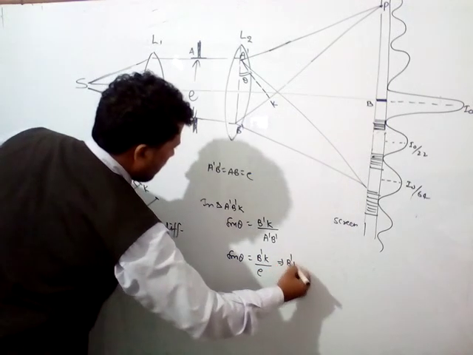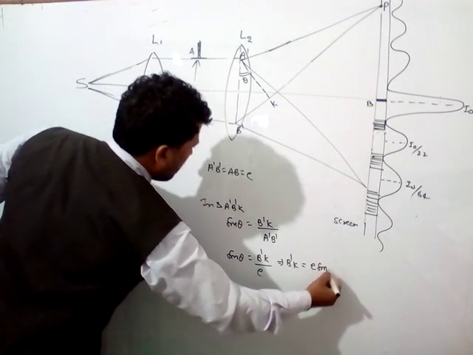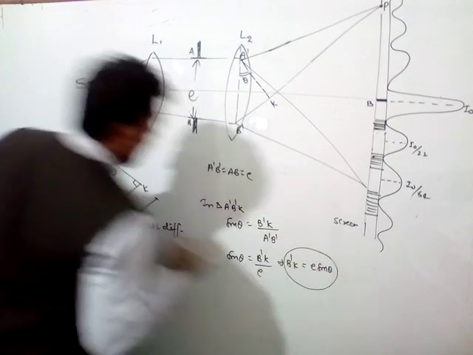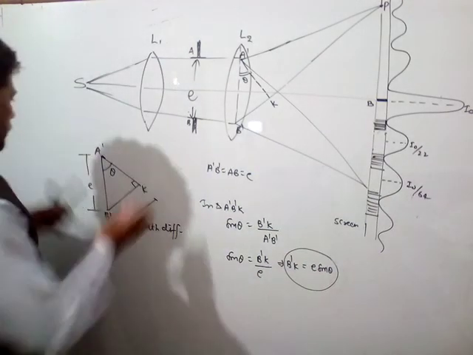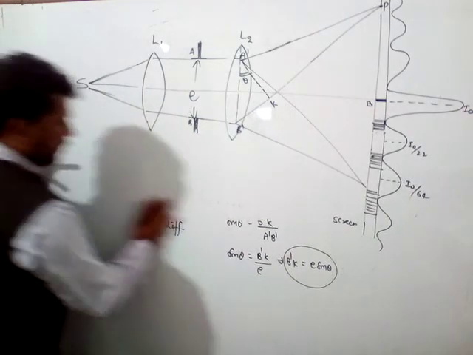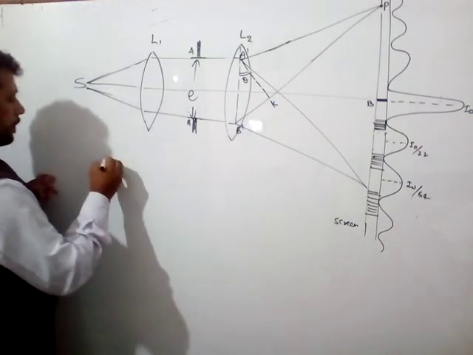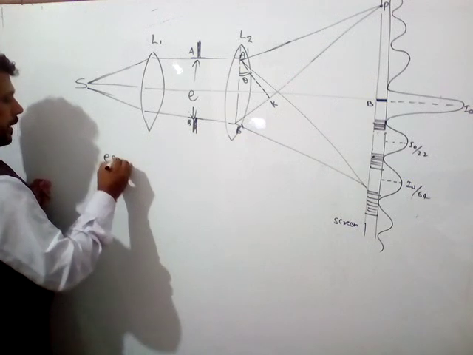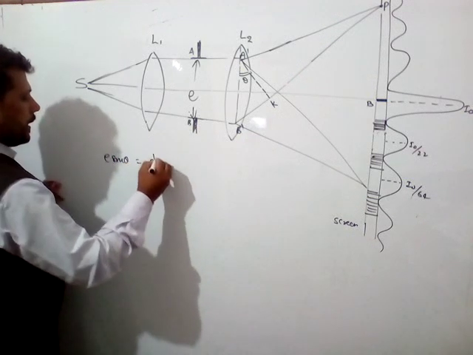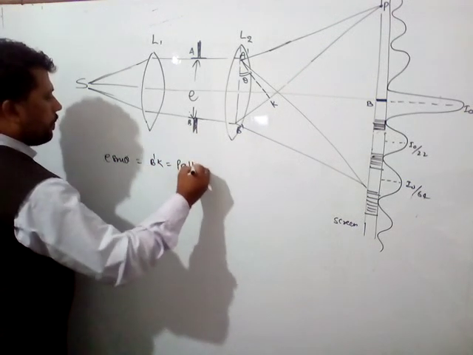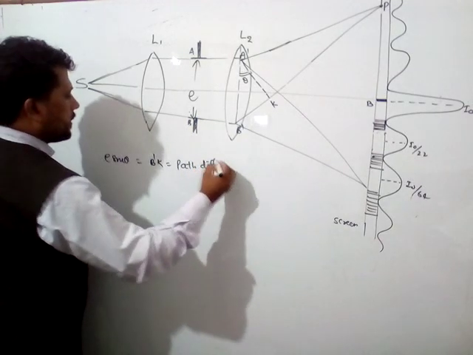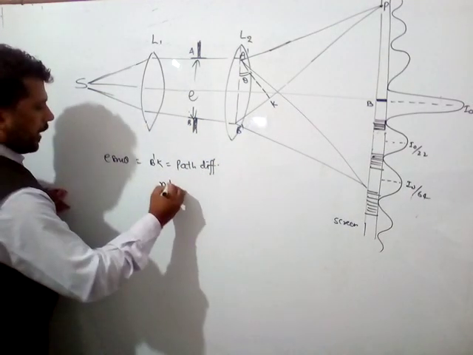So B dash K equals e sine theta. Here e sine theta equals B dash K. This is the path difference, so it is equal to n lambda.